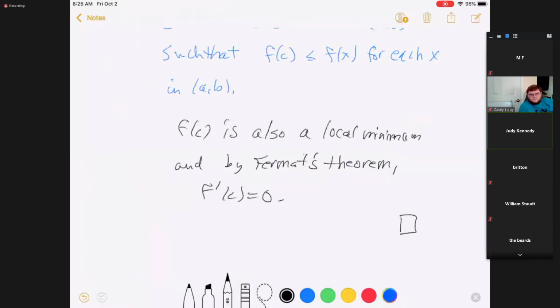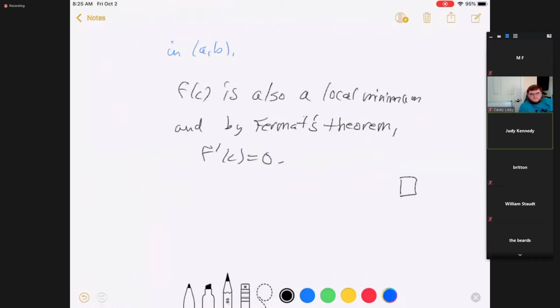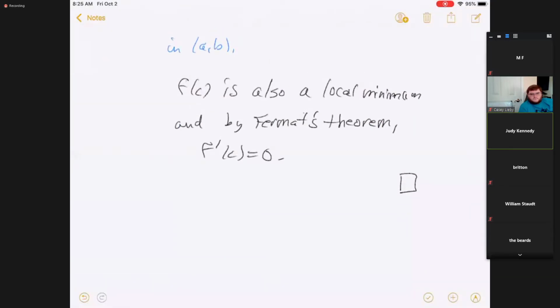Well, I won't make you listen to a proof of the mean value theorem, but let's just state it, and I'll tell you why it's true. Actually, once you know Rolle's theorem, it's not hard.